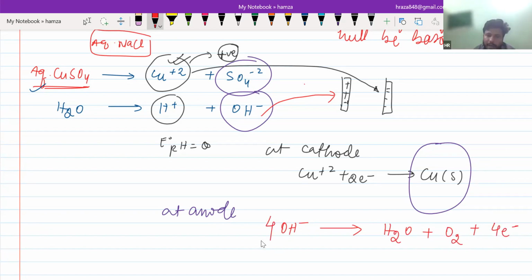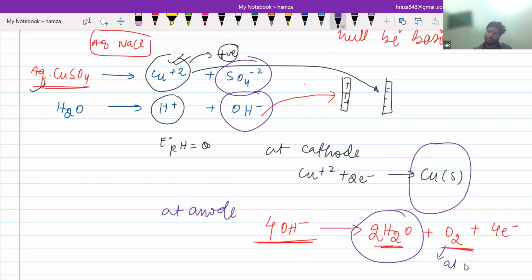So you take 4OH minus going to 2H2O plus O2. OH minus will always oxidize into O2. This H2O will stay in solution, but at the anode, O2 will evolve. So please write it.